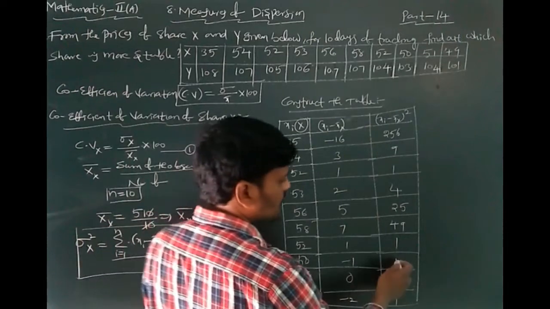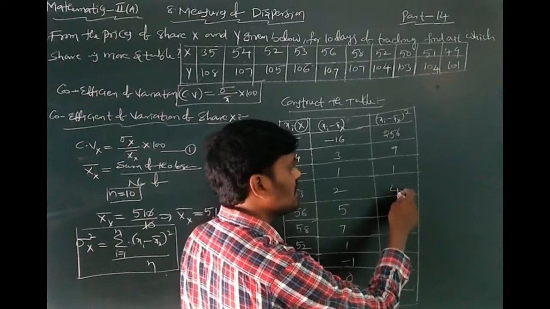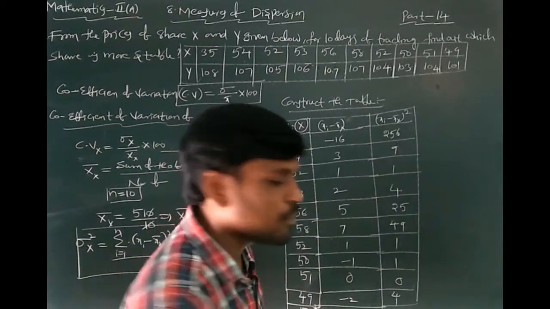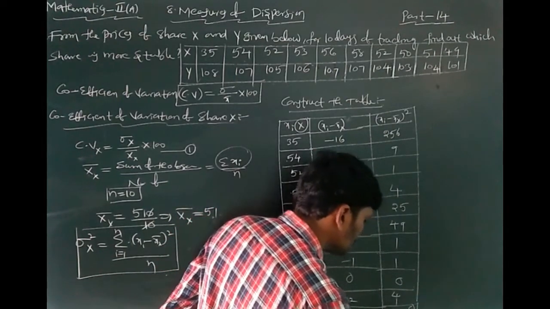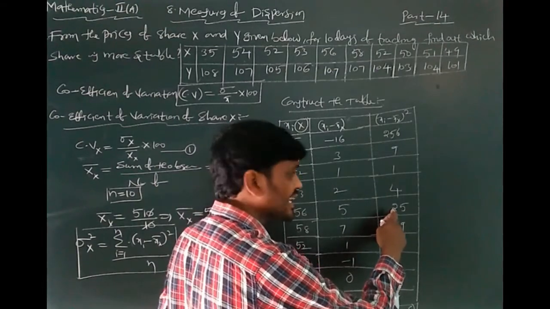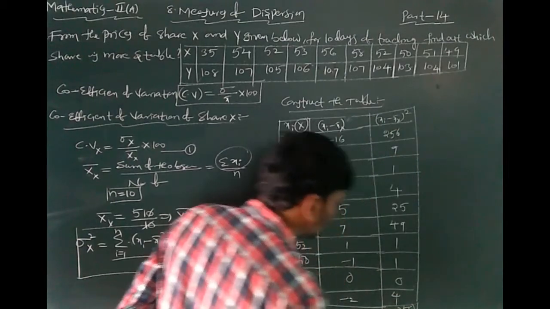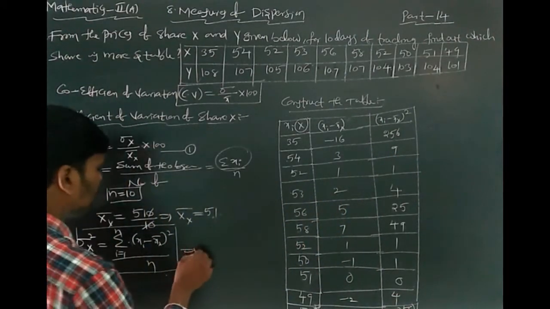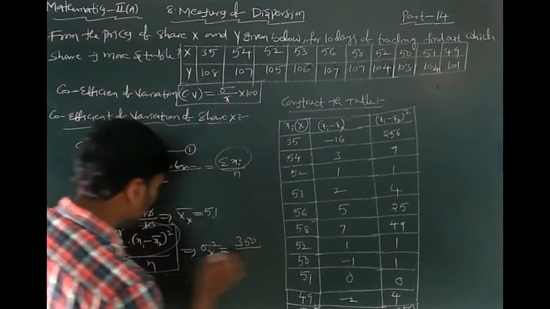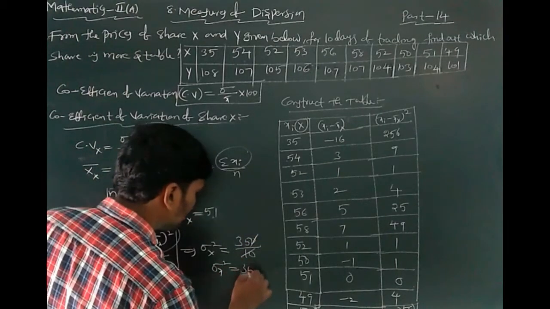Add these all, the total is 350. Sigma X square is 350 by 10, so the 10 gets cancelled and sigma X square value is 35.